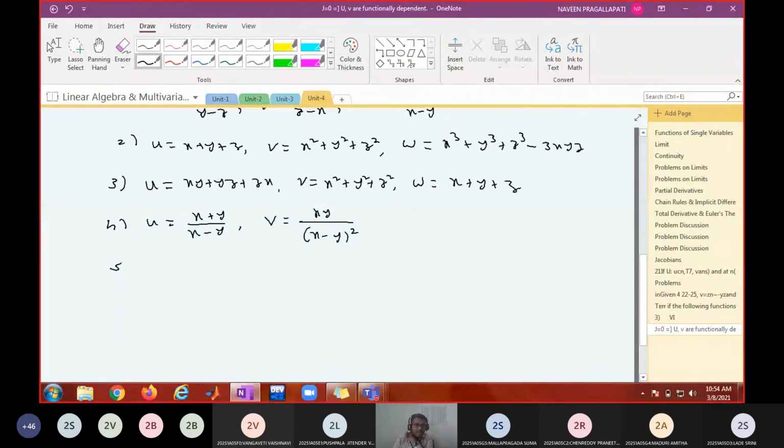Next, find the Jacobian of the following transformations. This problem you do without missing. Okay, first one, Cartesian to polar.